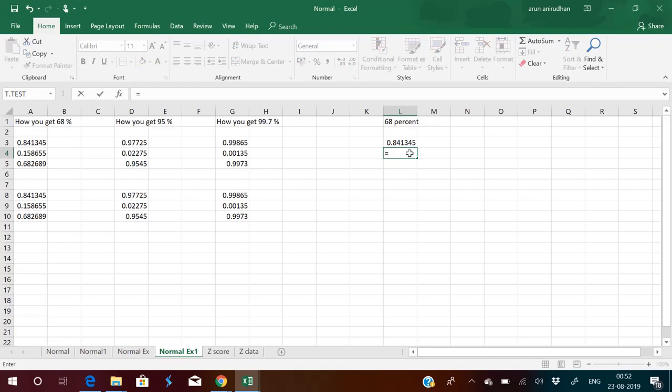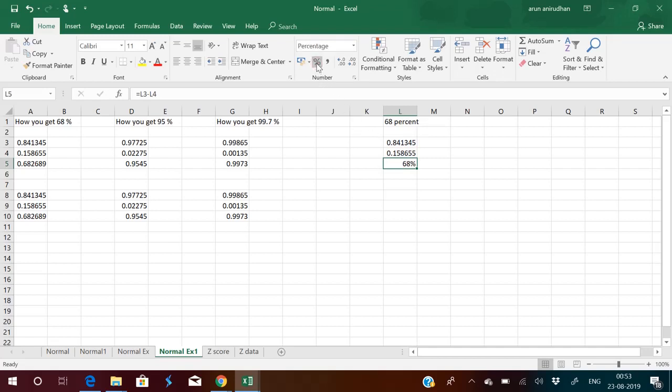Equal to Norm.Dist to the left first. So that is 50, 60, 10, true. You got, so what you do, you have to subtract, equal to this minus this. You give it a percentage sign.